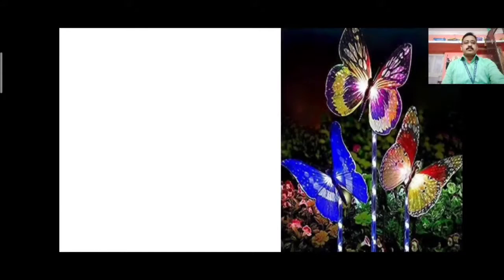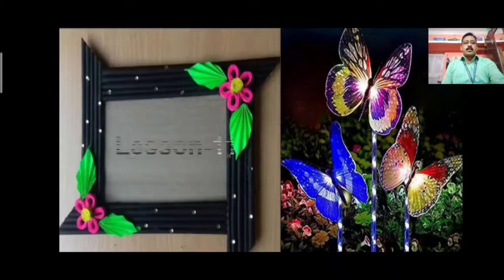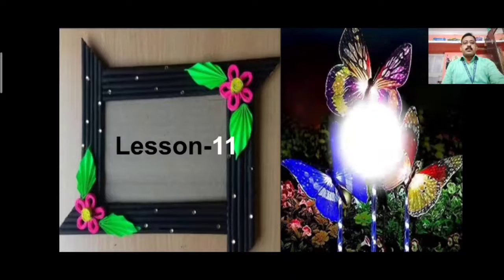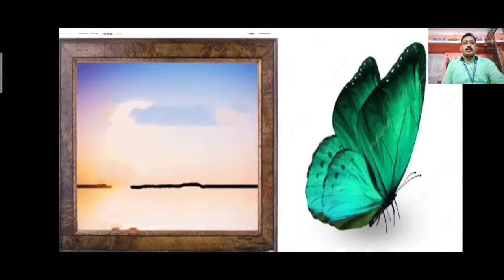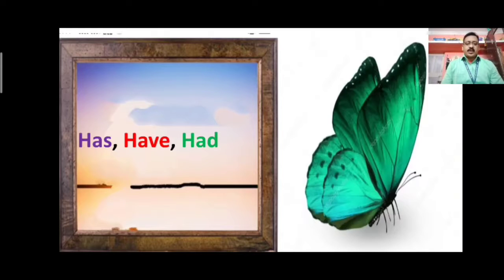Let's see the lesson first. Lesson number 11. The lesson is has, have and had. These are all helping verbs we generally use in a sentence.